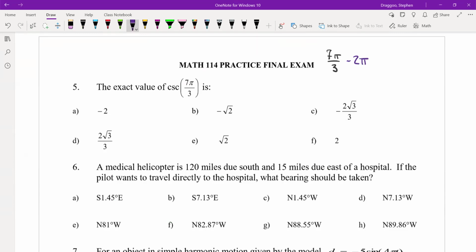Spin around in a full circle and you end up pointing exactly where you started. In this case, I've got a very large angle, so I'm going to subtract 2pi. So 7pi over 3 minus 6pi over 3 gets me to 1pi over 3.